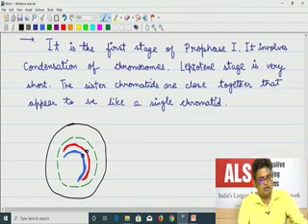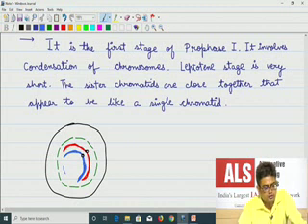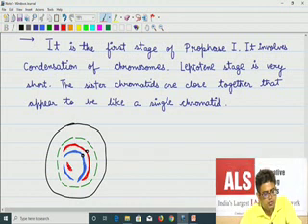Or maybe let's take only 4 chromosomes, because that way it will be easier for us to understand, because the space will become quite less. So although they look like single chromosomes only or single chromatids only, actually they are having double sister chromatids.